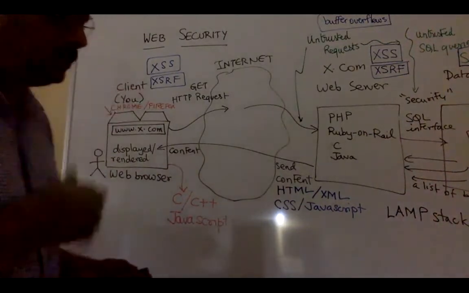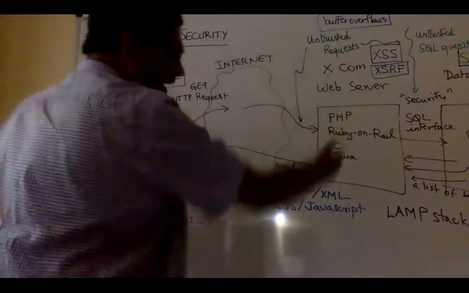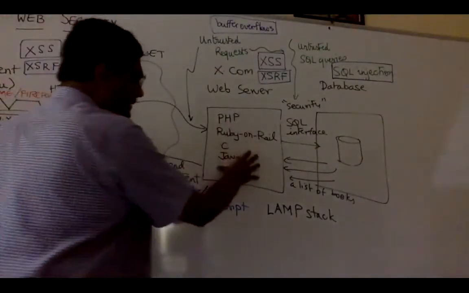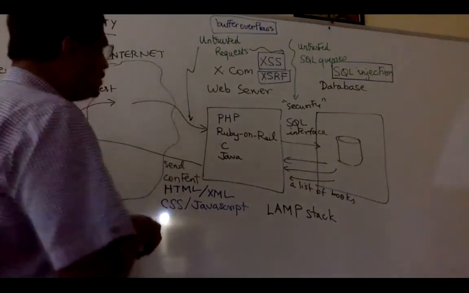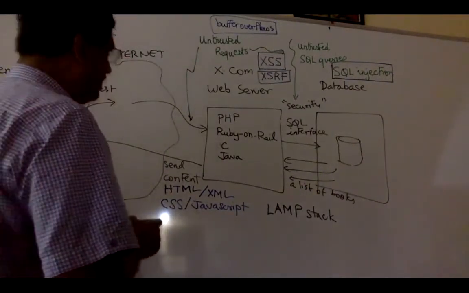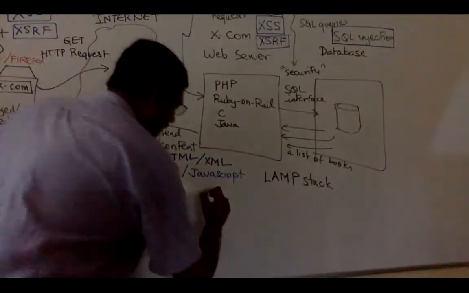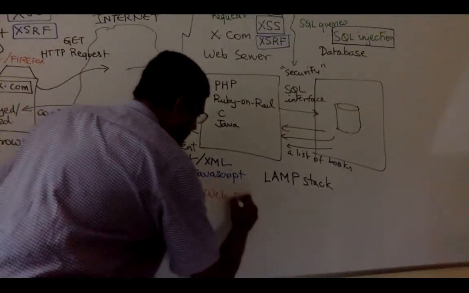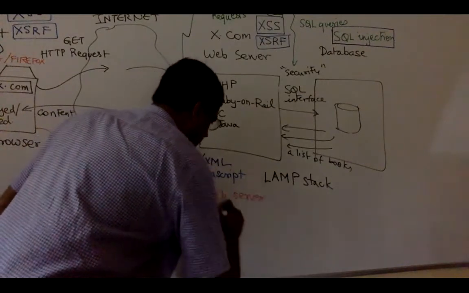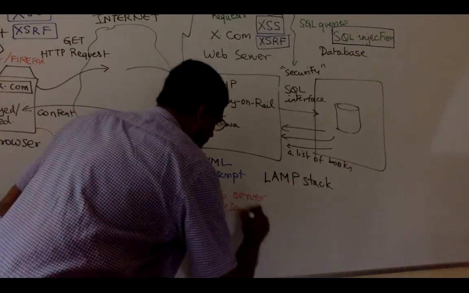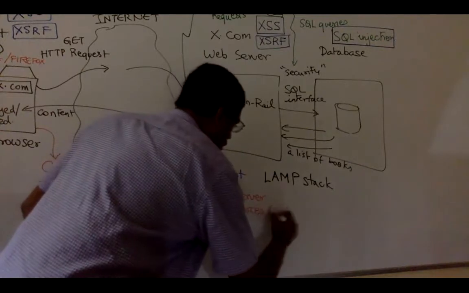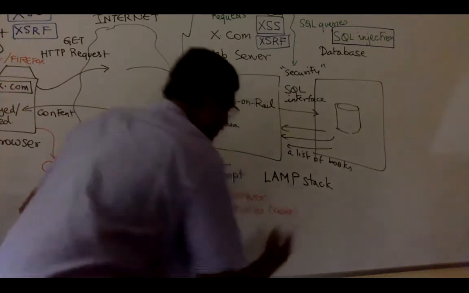Of course, I haven't told you. So, on this side, what are the things that you want to protect? You want to protect the web server's resources. So the things to be protected over here are the web server resources, which includes all of the code of the web server that you want to protect, right?